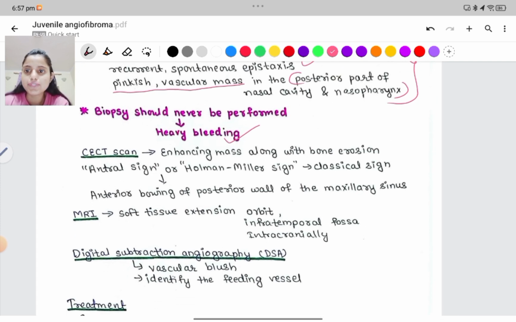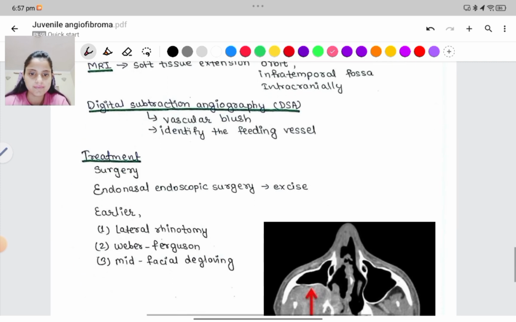As it is a vascular tumor, we can do a contrast enhanced CT scan, in which we can see an enhancing mass along with bone erosion, which is called the antral sign or the Holman-Miller sign, the classical sign of juvenile angiofibroma, in which there is anterior bowing of the posterior wall of the maxillary sinus.